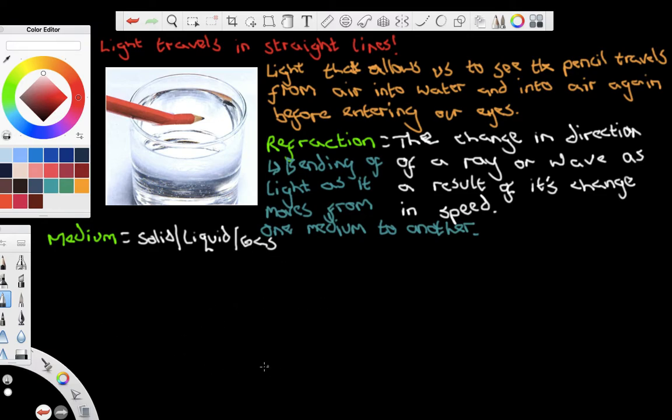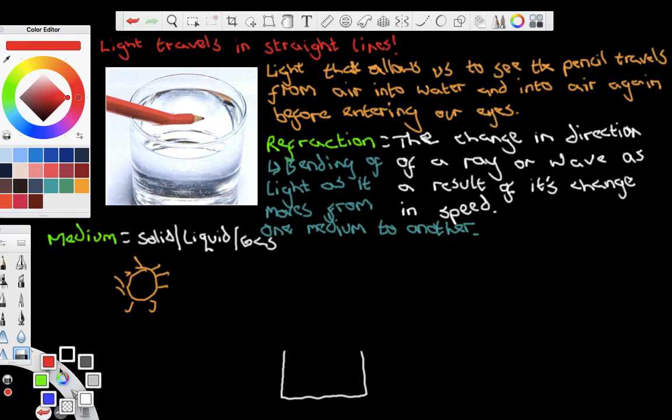So I want you to imagine that we've got our light source up in the sky, which is giving off rays of light. We've got our cup, which contains water and a pencil. So this is our cup, and inside the cup we've got a pencil, which I will put in red. I'm going to make that a bit shorter so that the light rays will look correct.